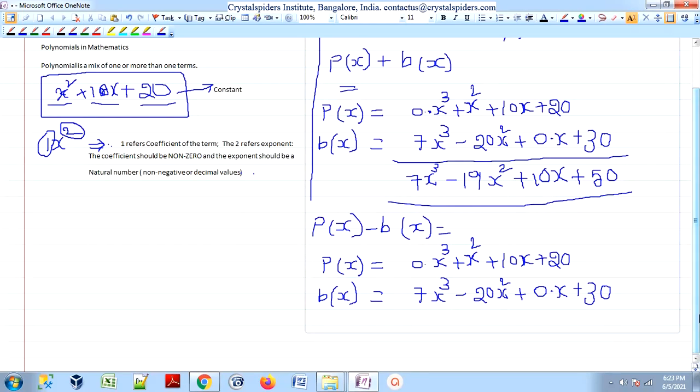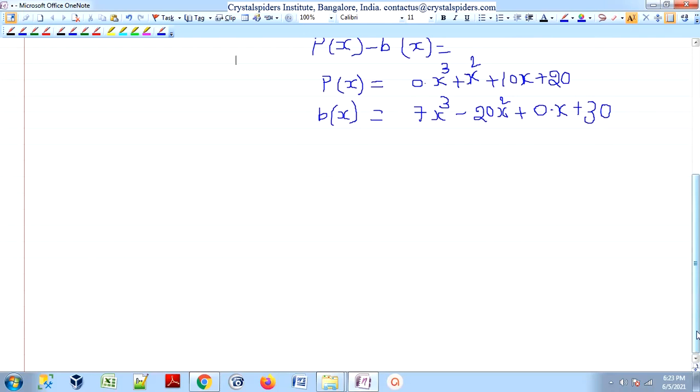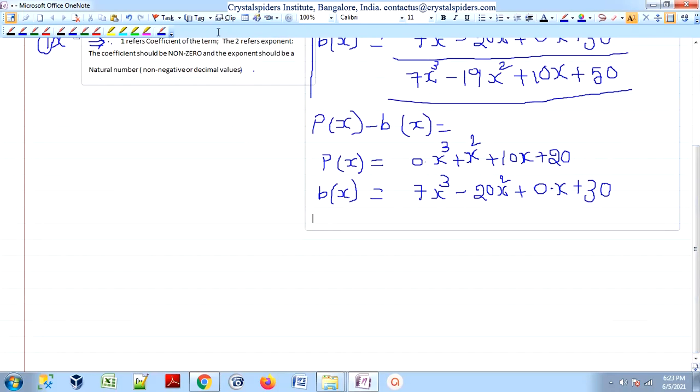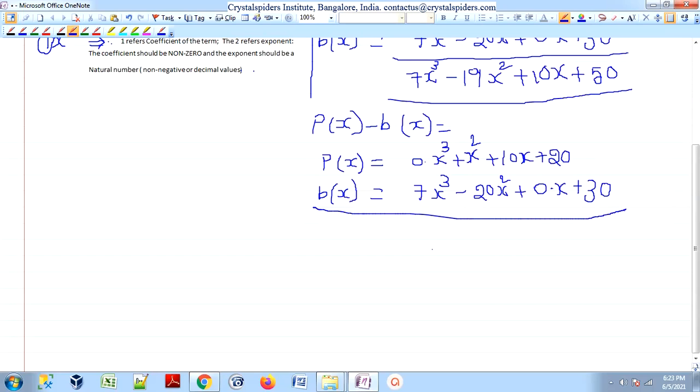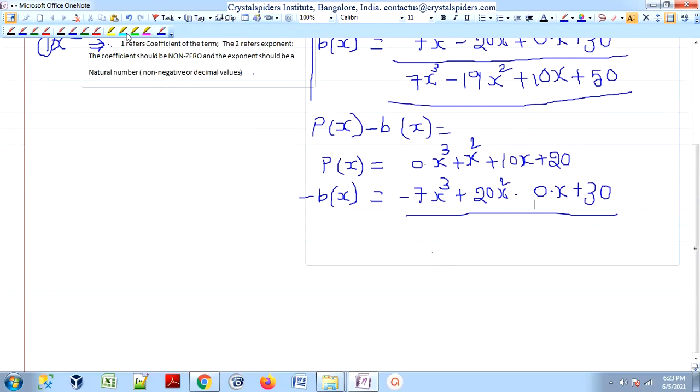But here this is also similar to the addition, but what I am going to do first is add -1, multiply this polynomial b of x with the -1, that means minus b of x, that means minus 7x cube, and it will be plus 20x square, and here it will be minus, this is not plus 0x, it will be minus 0x.